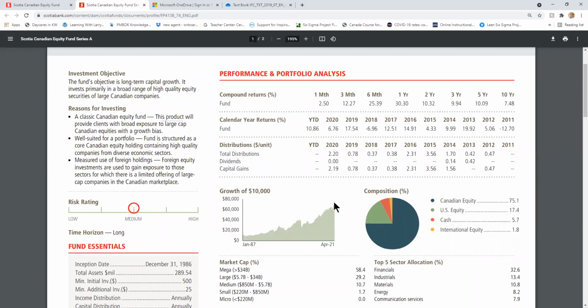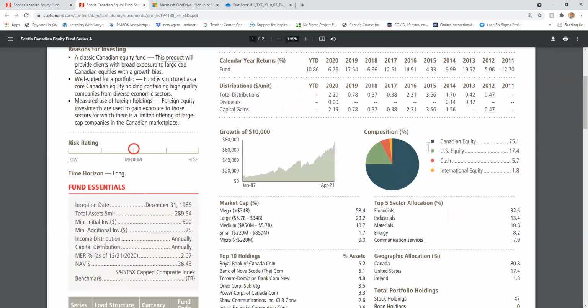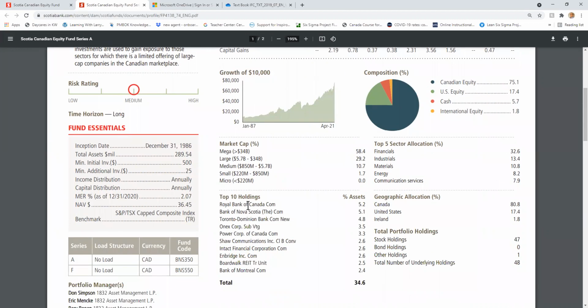And here in the last 6 months, it's gone up a lot. That's 25%. And overall, this is US Canadian equity, 75%. As we can see here, Royal Bank, Scotiabank, TD, Onex, Power Corporation, Shaw, Rogers Communications, Intact, Enbridge, Boardwalk REIT.